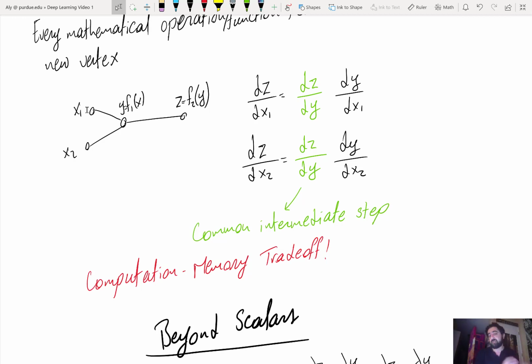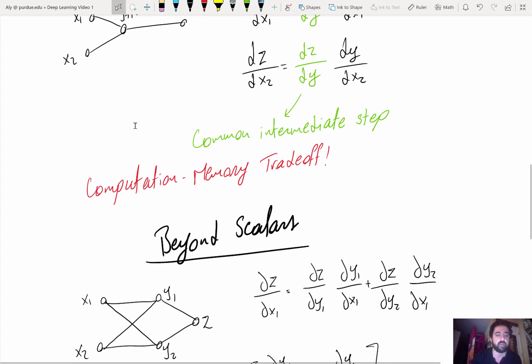So later we will discuss the computation-memory trade-off, right? Whether you should recompute things or you should store them, right? So here we were discussing the basic backpropagation algorithm, which will always choose to store values instead of recomputing them.